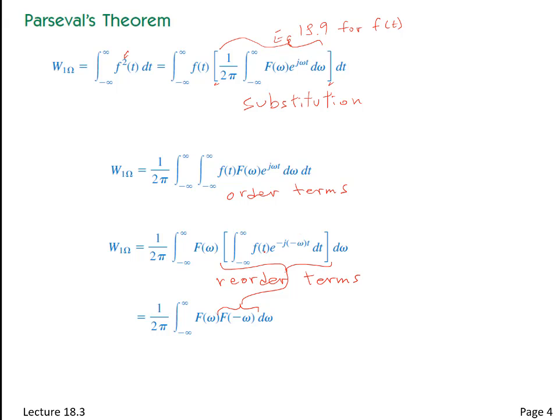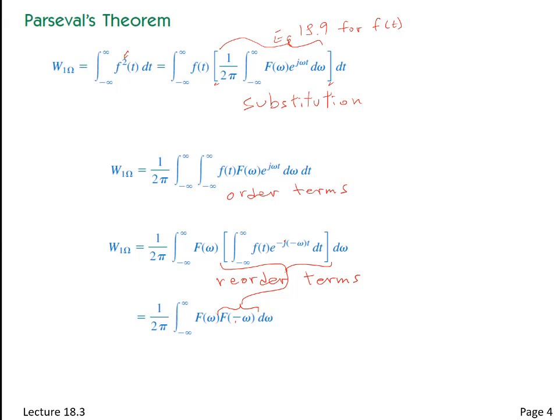Here's what happened. I took f of t, and I said minus j omega and j omega, and now it's a j of minus omega, so the Fourier transform just puts the minus sign here.